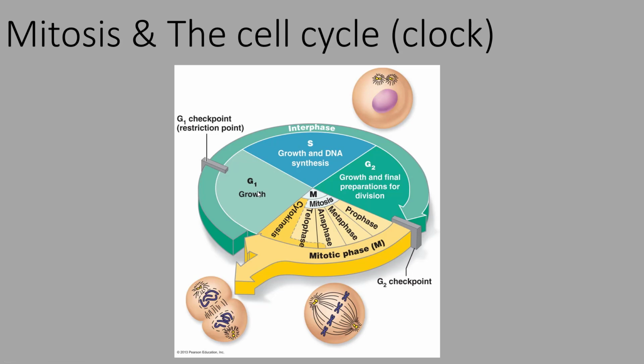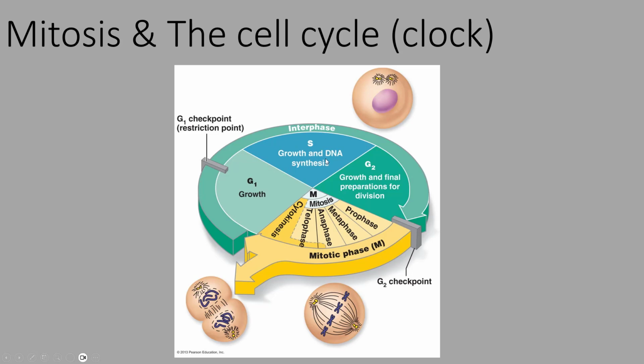It's replicating things like its cytoplasm and all the liquid and organelles found within. If we're going to make 2 new cells, we need enough contents for 2 cells. So during G1, the cell is not dividing, but it's preparing to divide. It's making all of these extra organelles and cytosol.